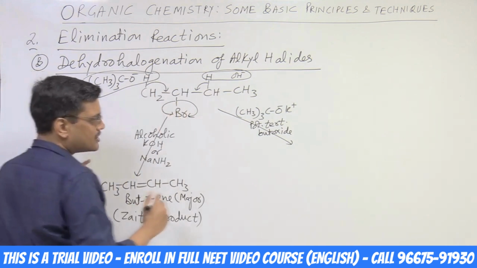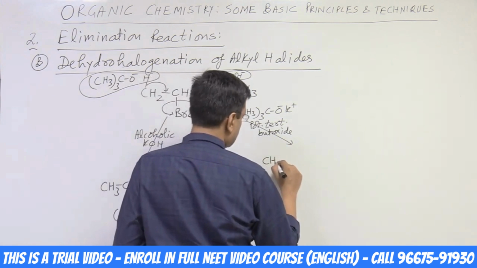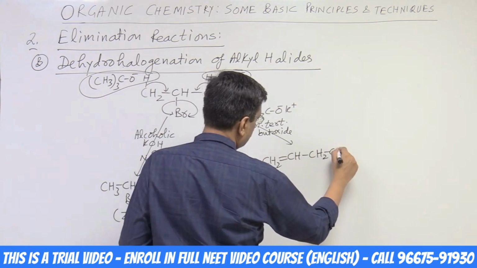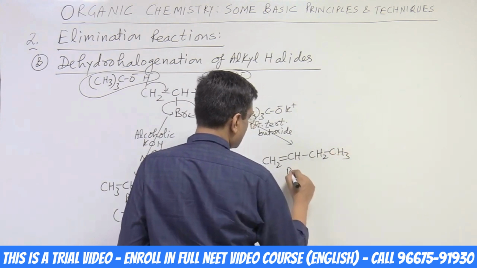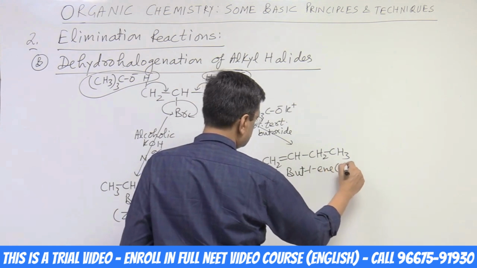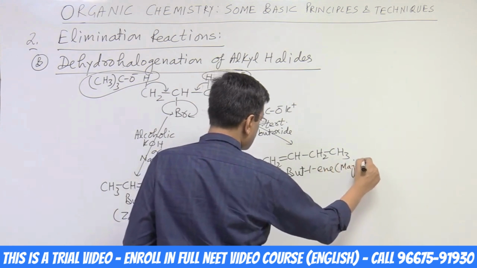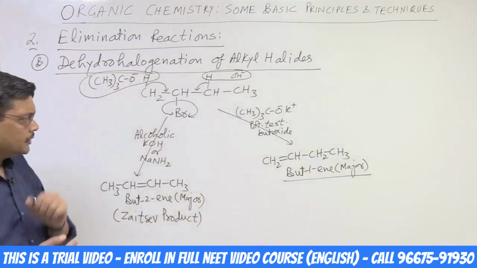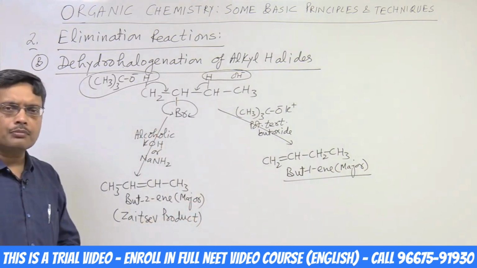So in this case but-1-ene is the major product. Such a product which is not formed by the Saytzeff rule is known as the Hofmann product.